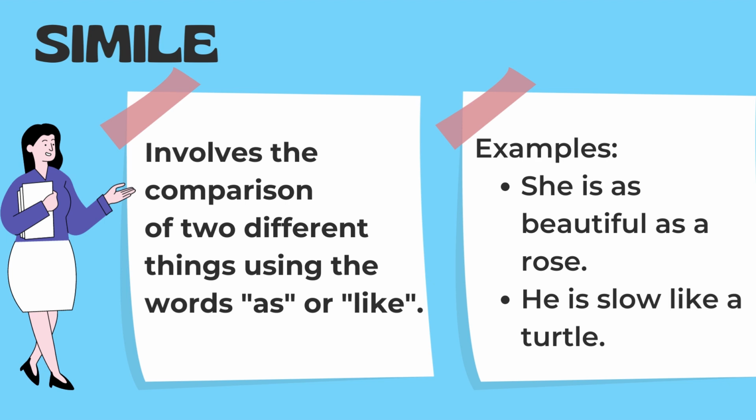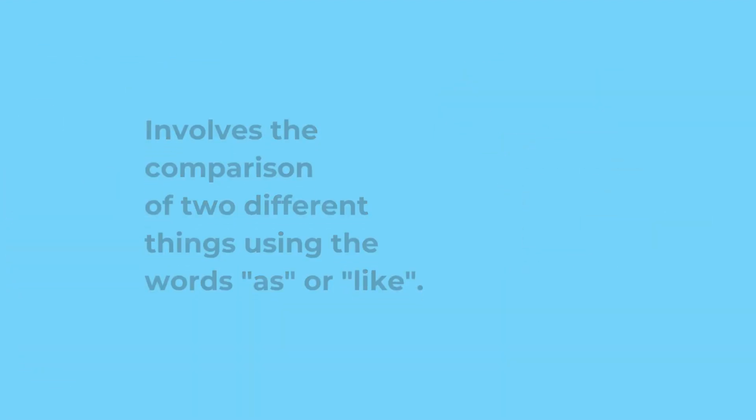And then for the second statement, we have he and turtle. And we can also observe that there is a word like. So remember, if you can see the word as or like, we can already say that the statement is a simile. So let us proceed.